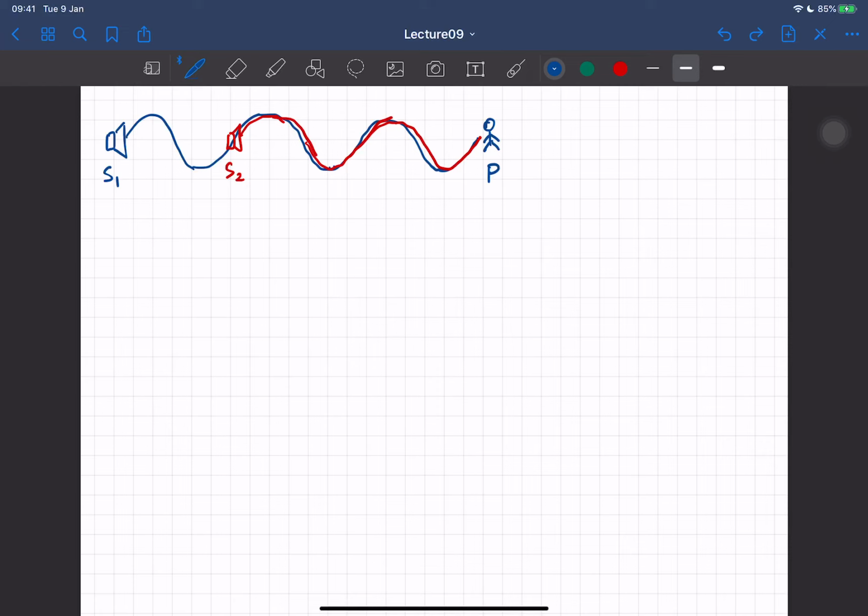The first distance is from P to S1, so that's what we call the S1P distance. So that's going to be this distance here. The other one is S2P, which is from source 2 to the observing point P.